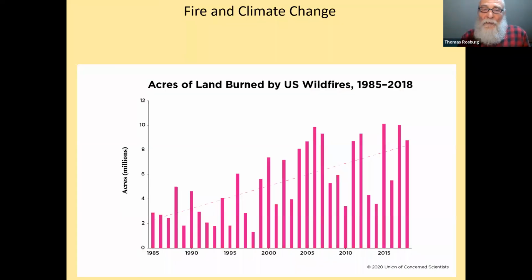This shows the amount of acreage going up in terms of the size of fires and the amount of fires that occur from 1985 to almost 2020. Obviously there is some variation because some years are more, some years are less. But we can see a fairly consistent line if you try to smooth that curve out a little bit. Fires consistently going up in terms of their size and the amount of burning that occurs.